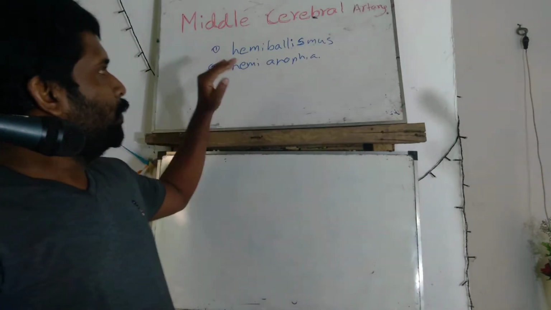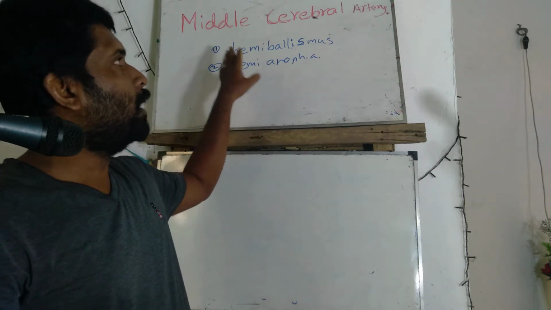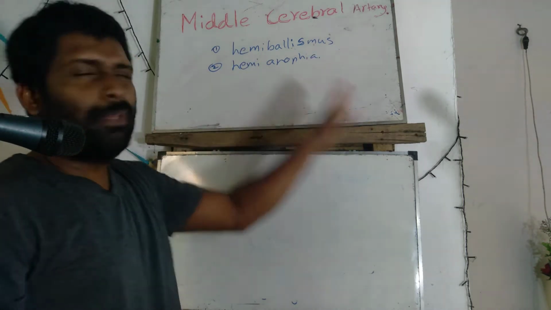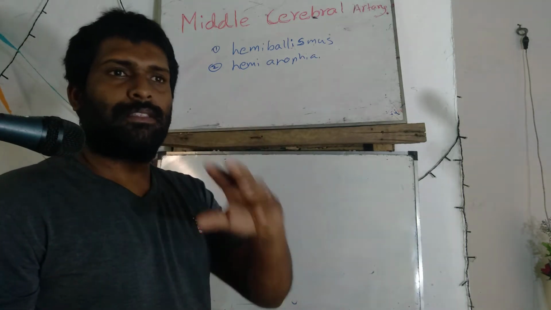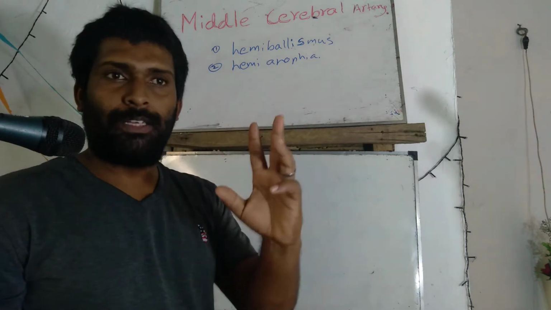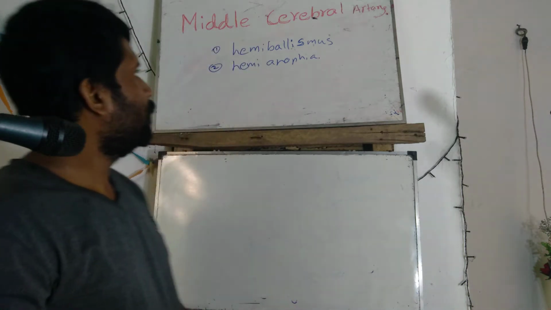The patient has hemiballismus, unnecessary movement, and hemianopia, a lateral visual field block. These are the two points we are going to discuss.